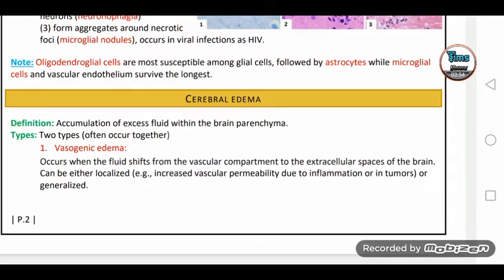Now we're taking a step back to look at the whole tissue and watch the changes that may occur in this tissue after an injury. So we're going to talk about the cerebral edema.